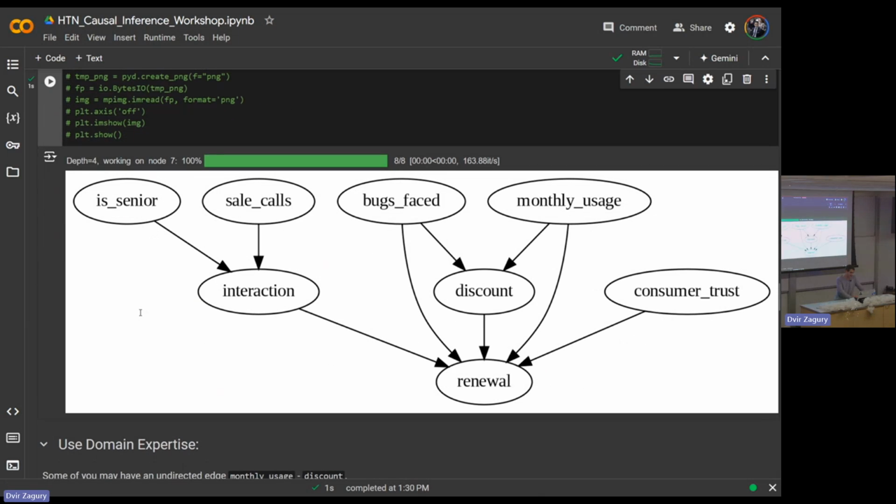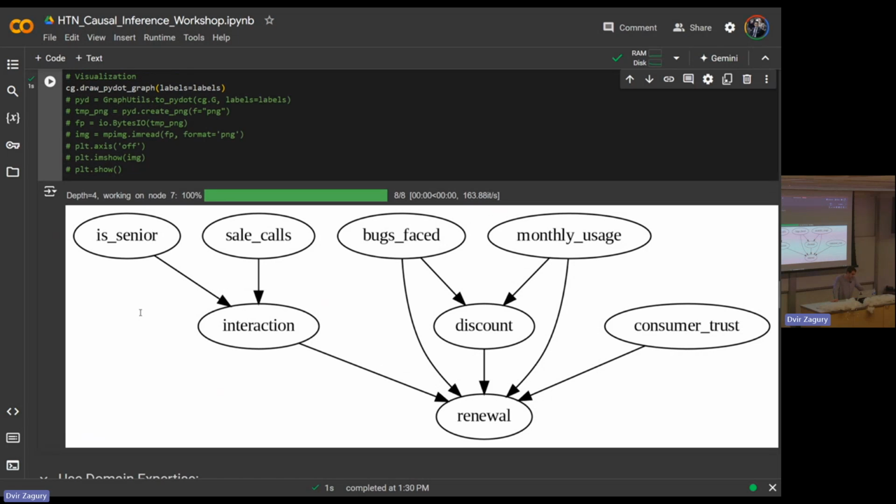And this is what we get. We see that this is a DAG. This is a directed acyclic graph. It's a causal structure. We see that on the left, or on your right, whether someone is senior or not affects their interaction levels. How many times people get sales calls also affects how well they like the interactions.